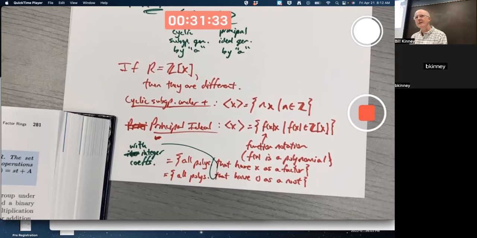A little overlap with numerical analysis. There are other theorems. There's the fundamental theorem of algebra that says any polynomial with real or even complex coefficients has at least one complex number root, which could also be real. And that can be generalized to say if the degree is n, you've got n real or complex roots counting multiplicity.